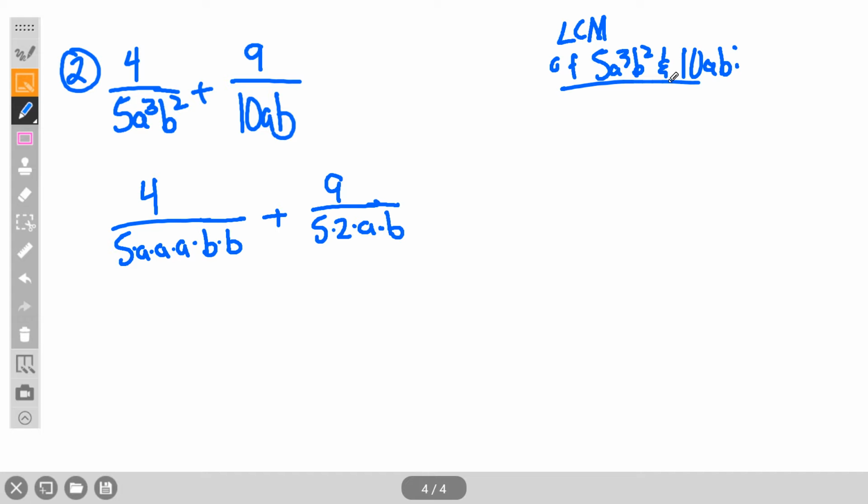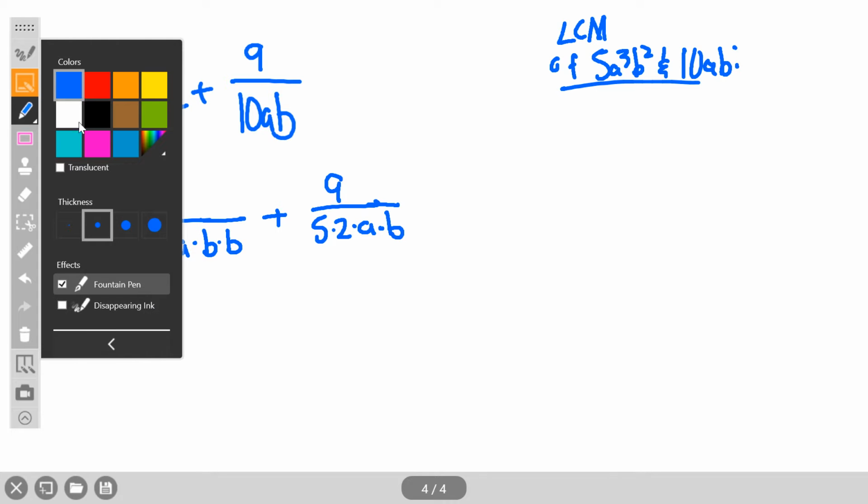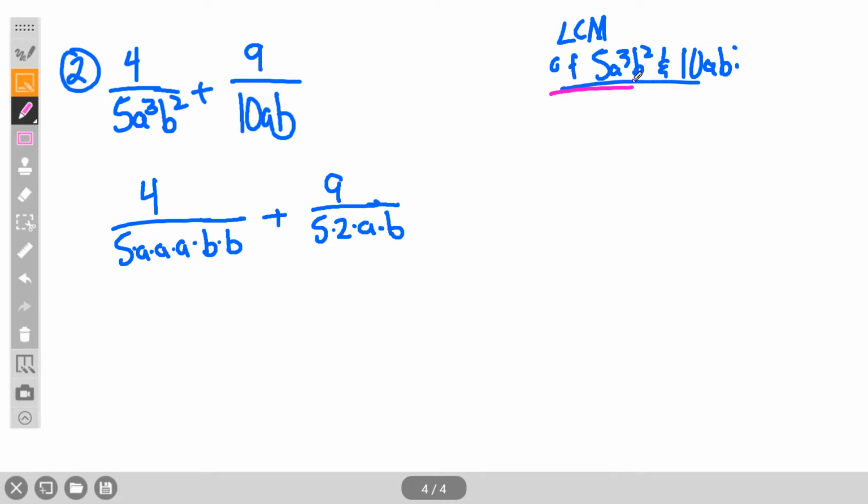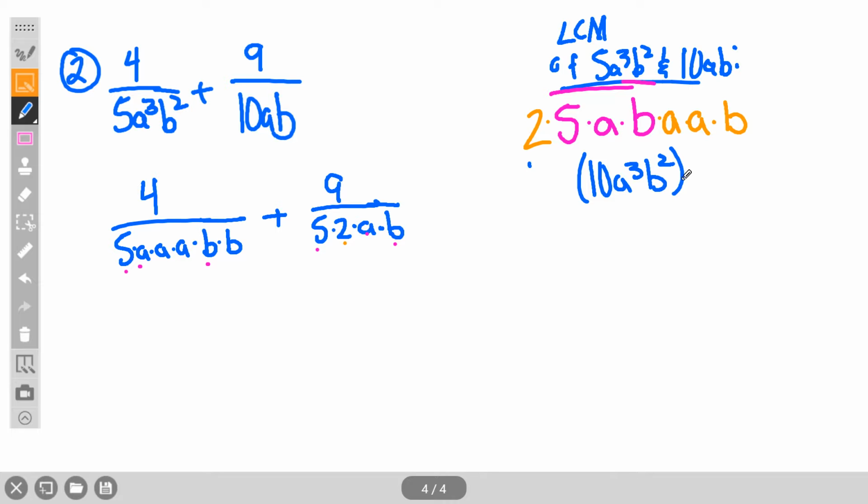So the LCM of these two denominators is going to be the factors they have in common, they have a 5 in common, an a in common, and a b in common, multiplied by the factors they don't have in common, which is a 2, 2 a's, and a b. So the LCM here would be 10a cubed b squared.